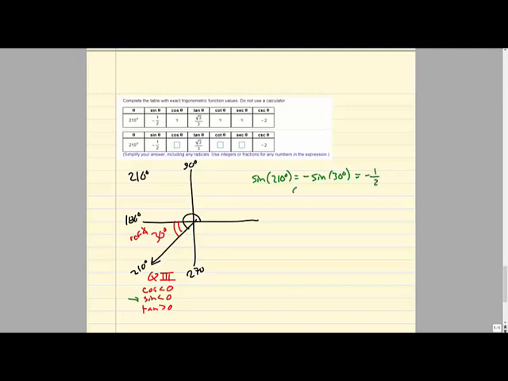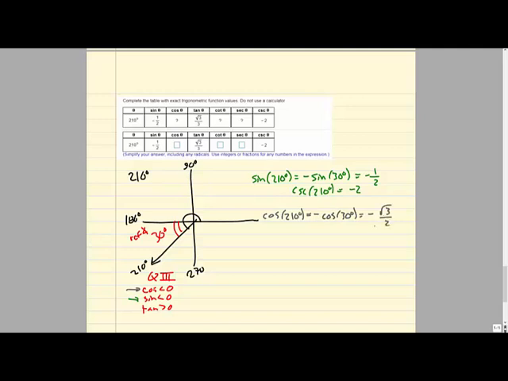And of course, cosecant then would be the reciprocal, negative 2. Now let's move down to cosine, the one that we're actually trying to find. Cosine is negative in quadrant 3, so this is going to be a negative, the negative cosine of 30. And I have that memorized to be the square root of 3 over 2.